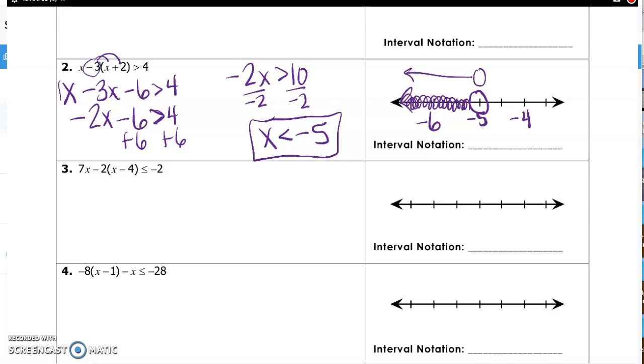So we're not starting with negative 5, we're starting with negative infinity. So it's parenthesis, negative infinity, because that tells us we can go down or left as far as we want, comma, negative 5, and negative 5 has a parenthesis because it's an open circle. So that's what the interval notation will look like for number 2. Anytime you have a less than sign, you're going to start with negative infinity.